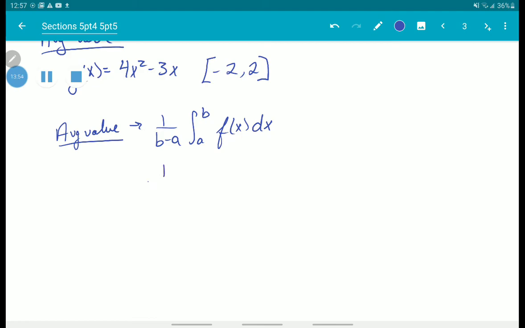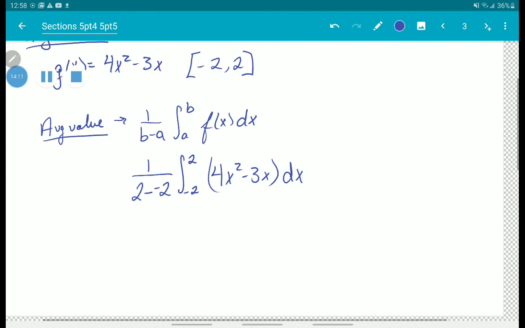So we're going to just substitute in what we know. It's 1 over 2 minus negative 2, integrating from negative 2 to 2 of f of x dx. So we just have to evaluate this.